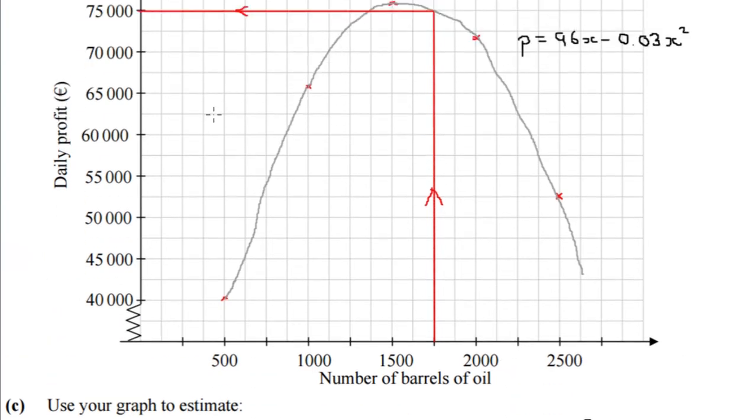So you're going to go to 60,000 here on the vertical axis, because that's where P is measured from. You're going to come across and hit your curve. So we're going to hit our curve in two different spots here. And that's why we're going to get two different answers. So our first answer is going to be there. And our next one is going to be about there.